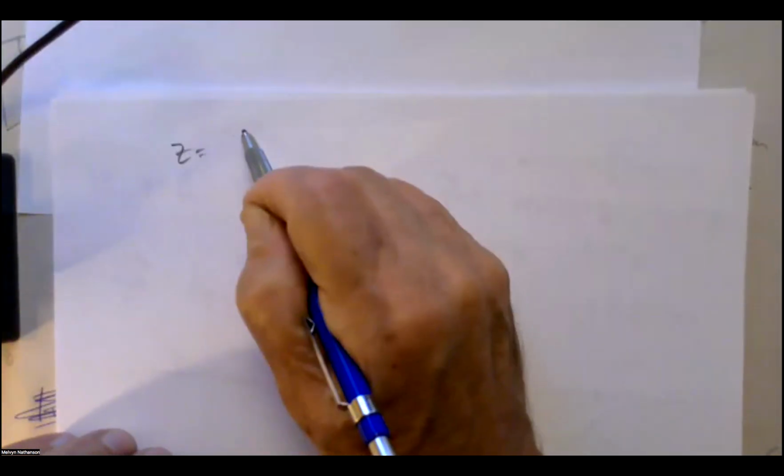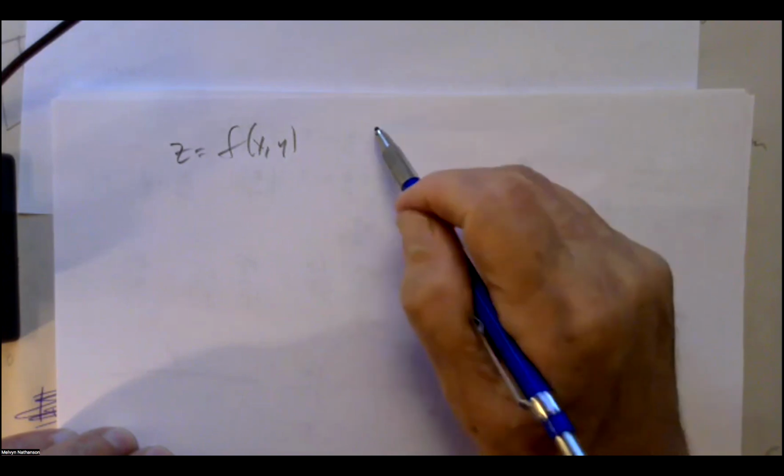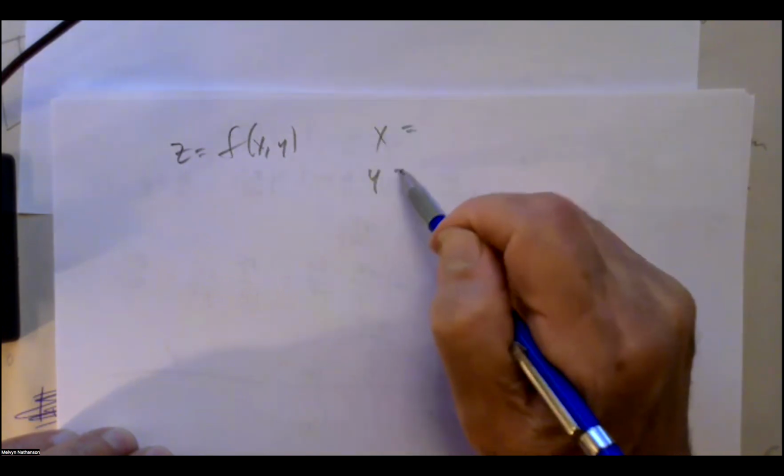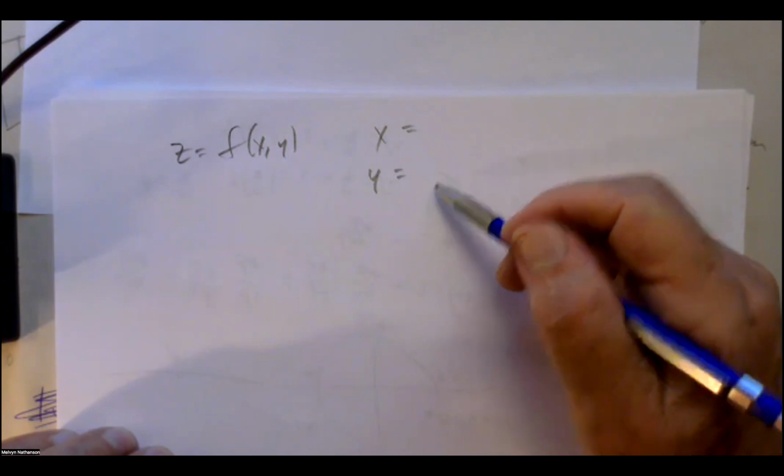Z is a function of x and y. But it might be that x and y are both functions of two other variables, s and t.